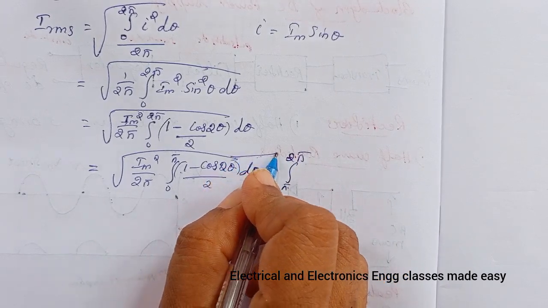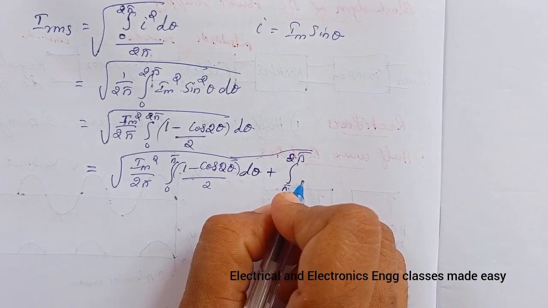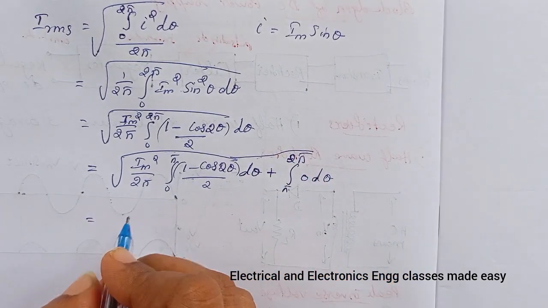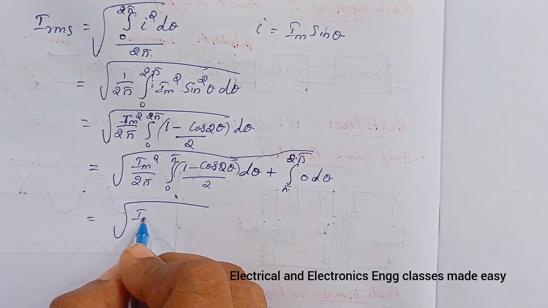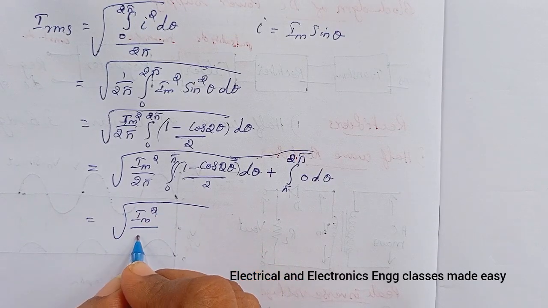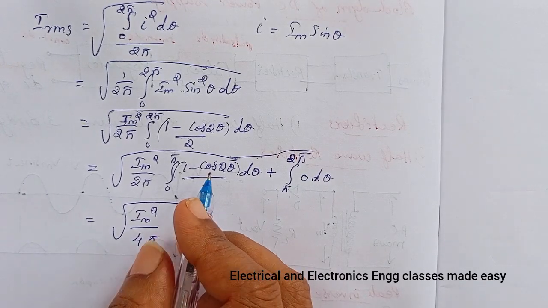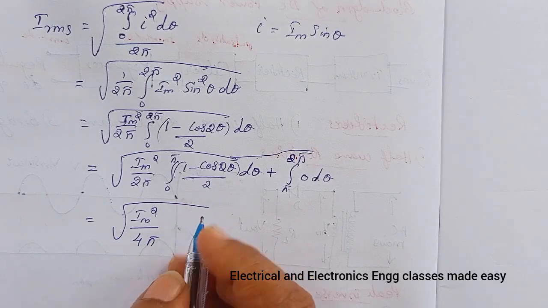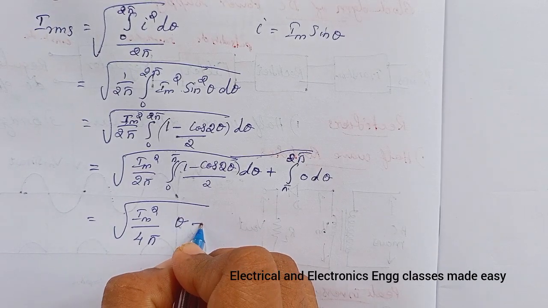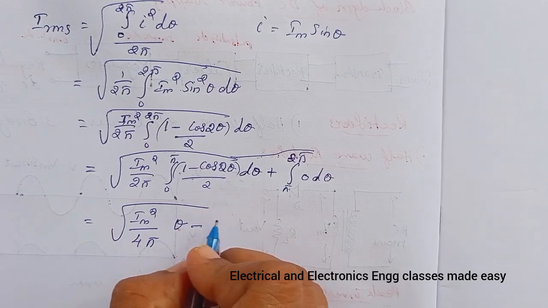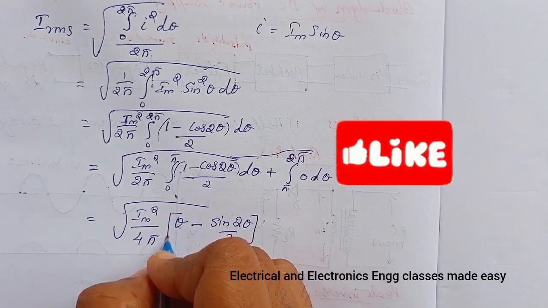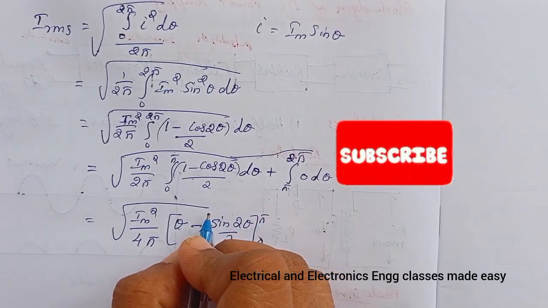So the negative half cycle value is 0, then d theta, and that is equal to square root of Im square divided by, this 2 we can take here, so we will get 4 pi. Then applying the integration, we get the integral of 1 is theta, minus integral of cos 2 theta is sin 2 theta divided by 2, to the limit 0 to pi.